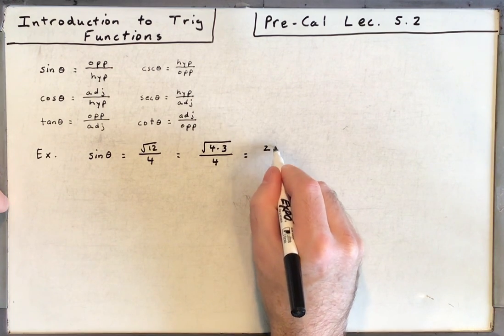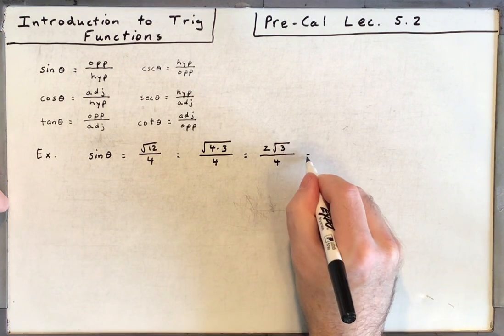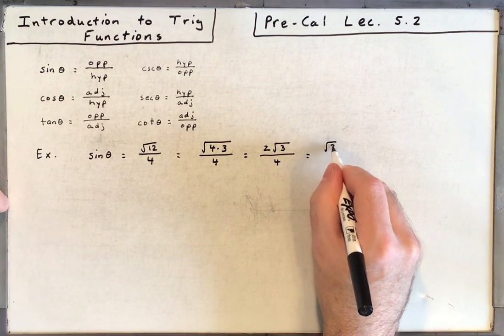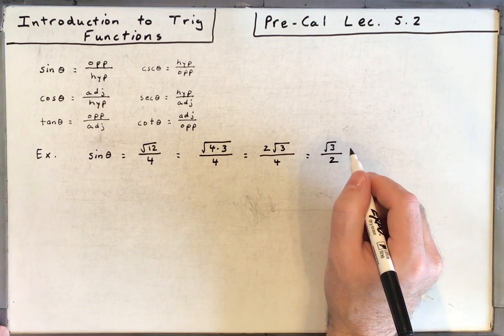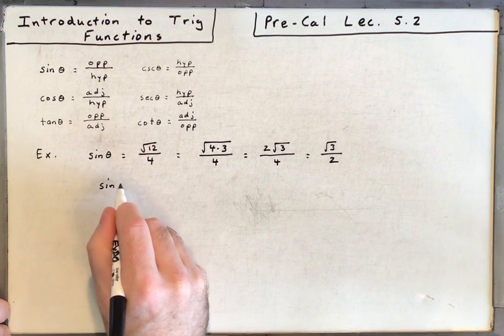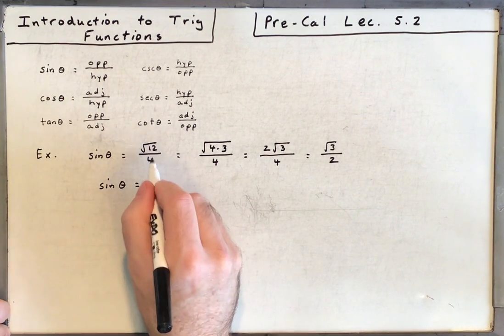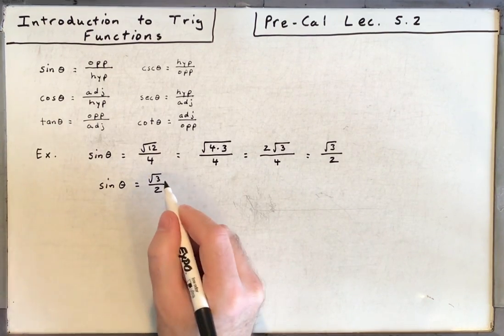The square root of 4 is 2. And 2 over 4 reduces down to 1 over 2. So square root of 3 over 2. All right. So we know that sine theta, we've manipulated root 12 over 4 and found out that's just the square root of 3 over 2.